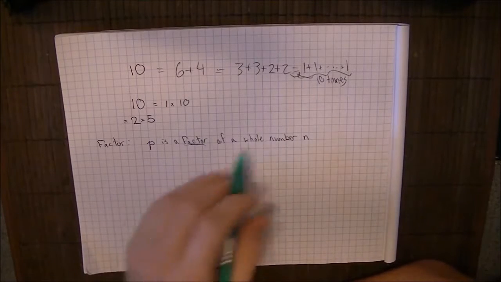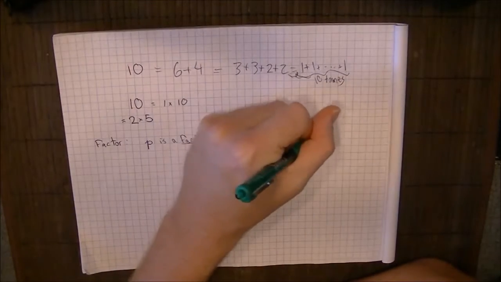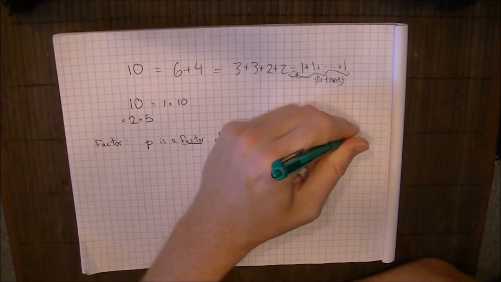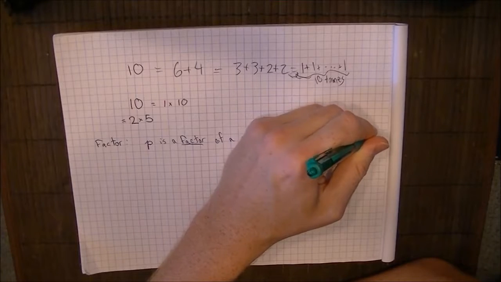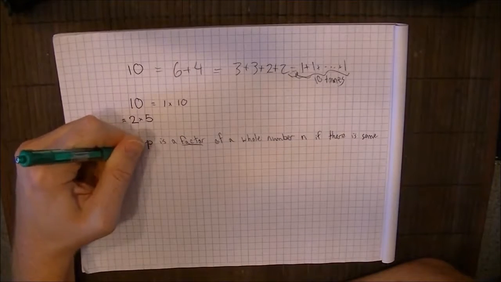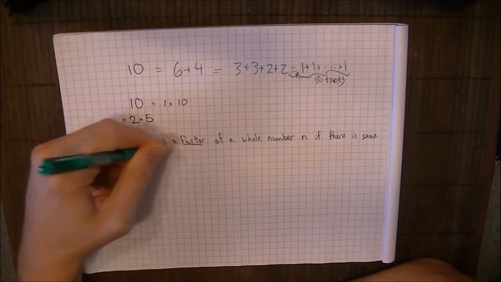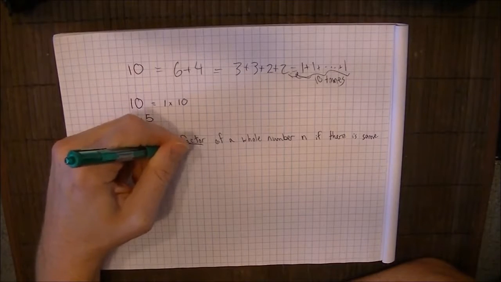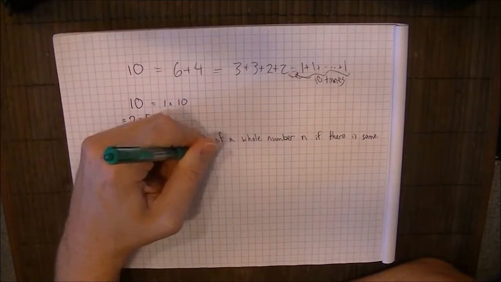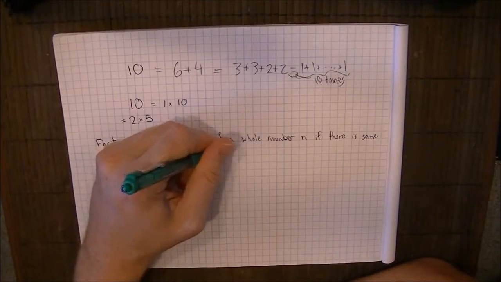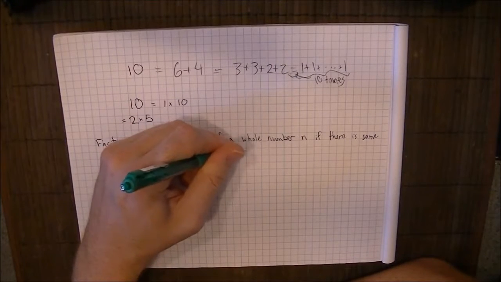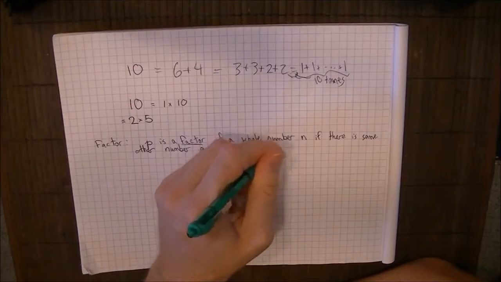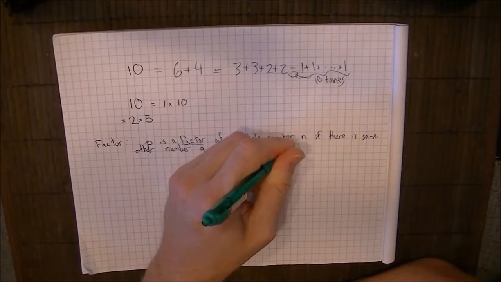So P is a factor of a whole number n if there is some other number Q such that P times Q is equal to n.